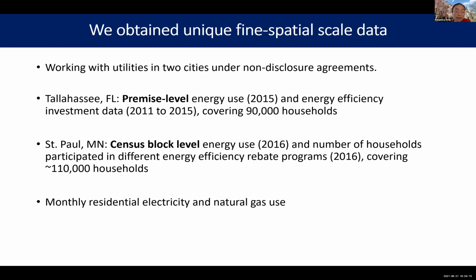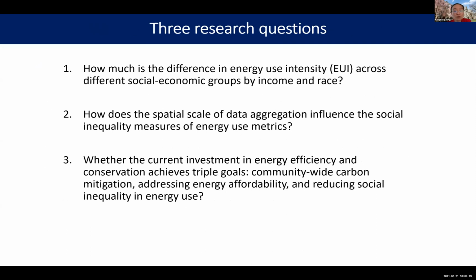100,000 households. And these energy use data are monthly, so we were later able to look at annual versus temperature sensitive energy use intensity. The three questions I'm trying to answer are: how much is the difference in energy use intensity across different socioeconomic groups by race and income?